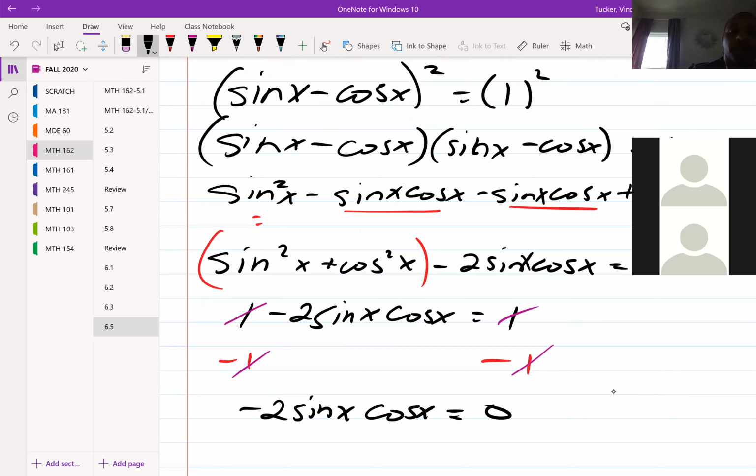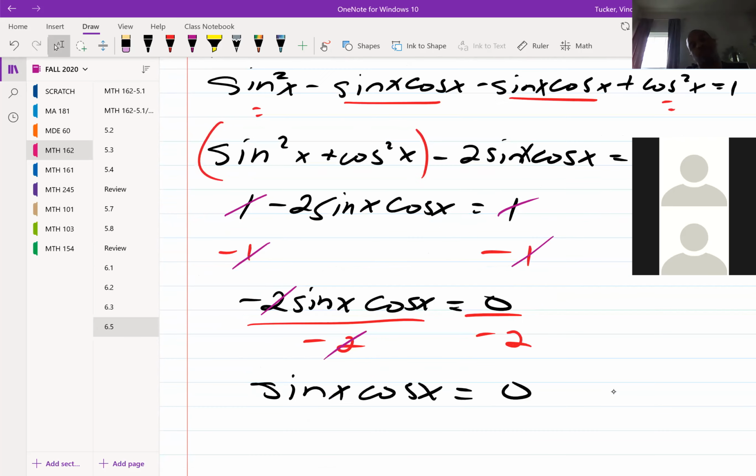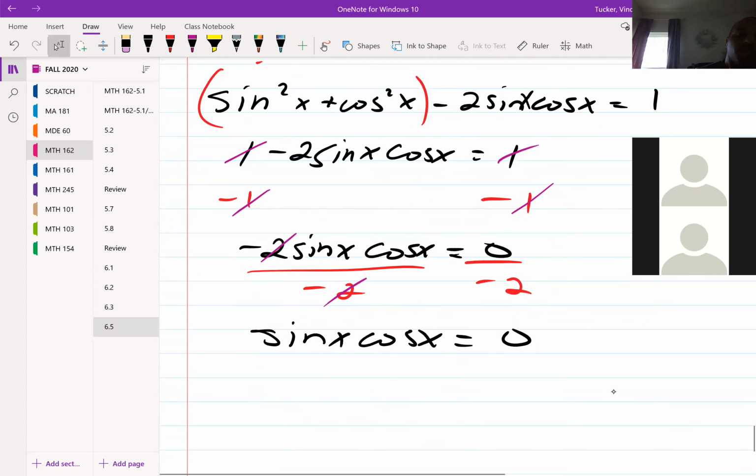Now we can divide by negative 2: sine x cosine x equal to 0. And set each piece equal to 0.